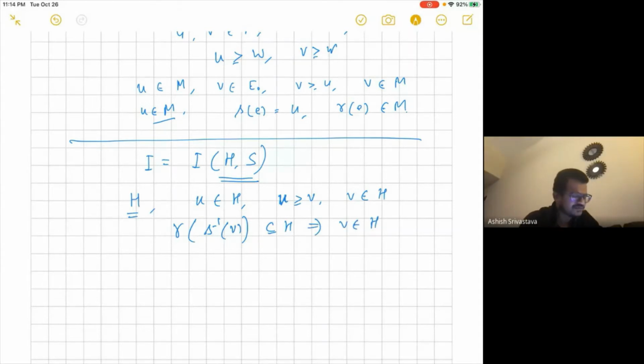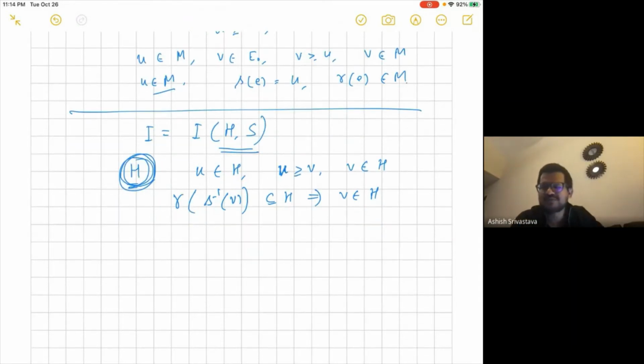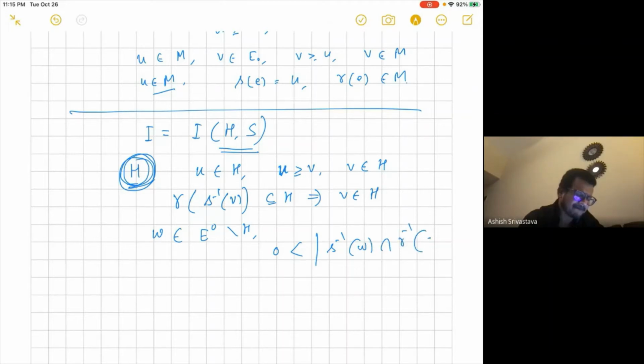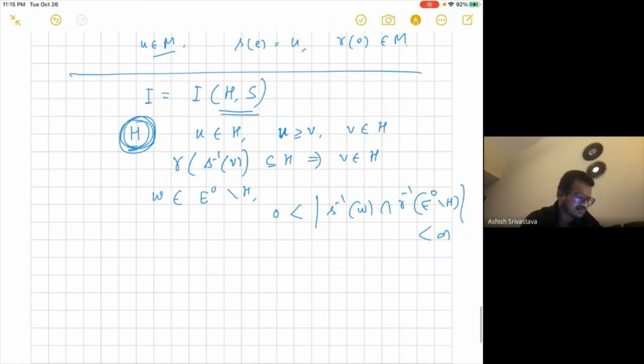So now if you have a hereditary saturated subset H, then there is a notion of what we call a breaking vertex. A breaking vertex W is an infinite emitter in E^0 minus H, with a property, and this is a bit technical. We denote the set of all breaking vertices by B_H.